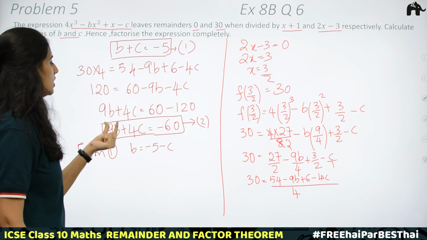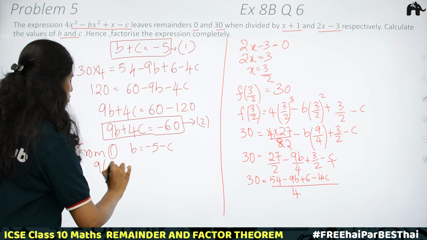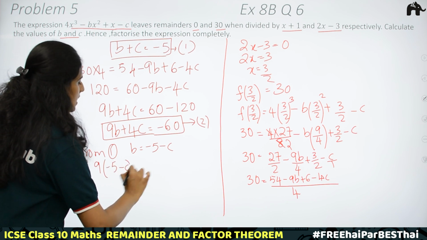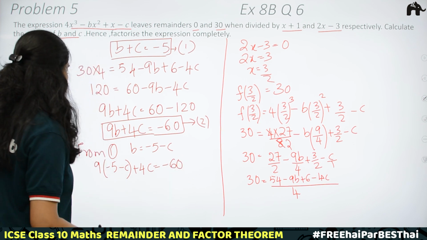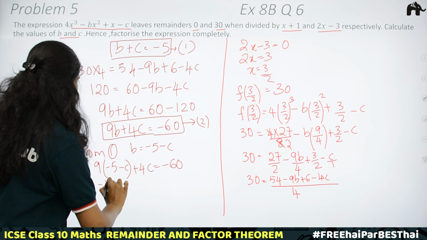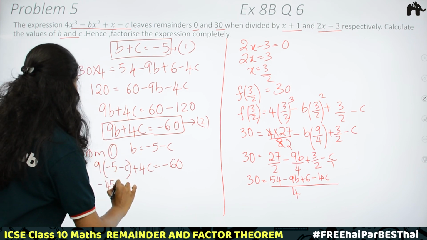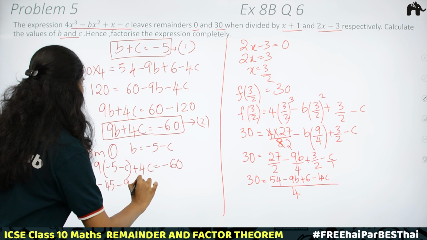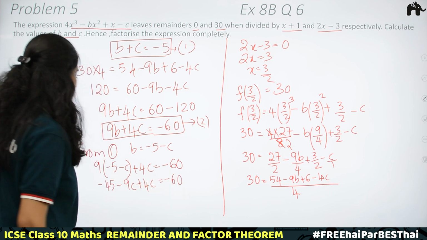I am going to substitute in the second equation for b. 9 into minus 5 minus c plus 4c is equal to minus 60. That is 9 into minus 5, minus 45. 9 into minus c, minus 9c plus 4c is equal to minus 60.